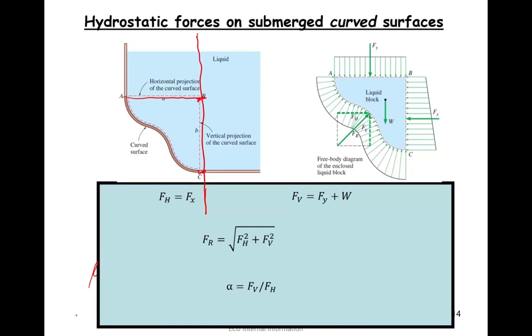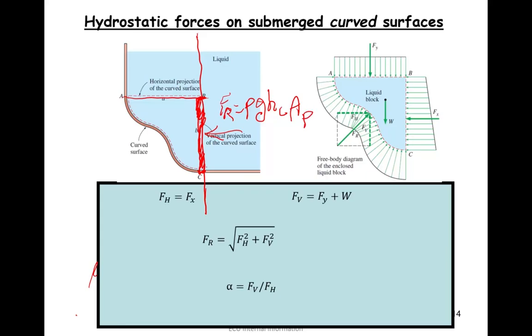So for estimating the horizontal force, you need to assume that you are estimating the force on these surfaces. We already learned how to work out this force, rho g hc A, yeah? But this time we work on projected surfaces.